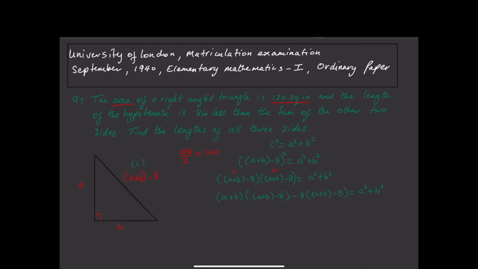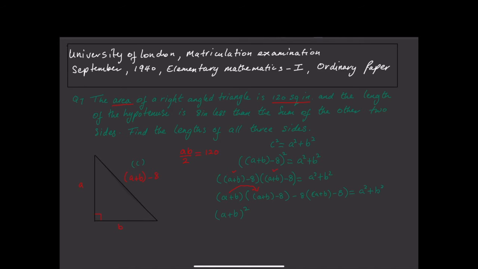So now I'm going to expand and simplify. So I'm going to do A plus B times A plus B in brackets. So I'm going to have A plus B all squared, because A plus B in bracket times that A plus B in bracket gives us A plus B all squared.